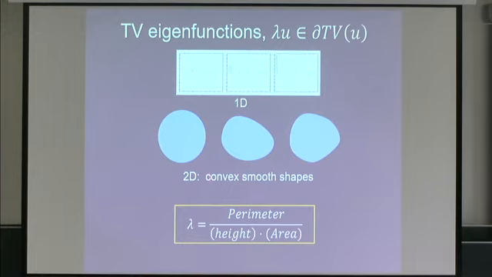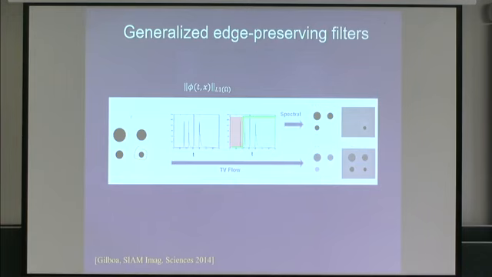So it's really nice geometrically. We understand what eigenfunctions of TV are. This is the isotropic TV in 2D. So, for instance, for a disk, as you see, it's just 2 over the height and the radius. So as this has more contrast or is larger, the eigenvalue is smaller, meaning it's larger for TV.